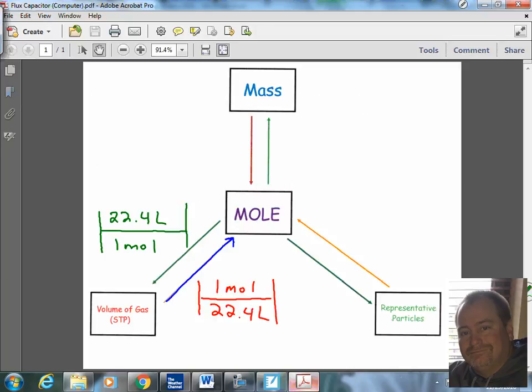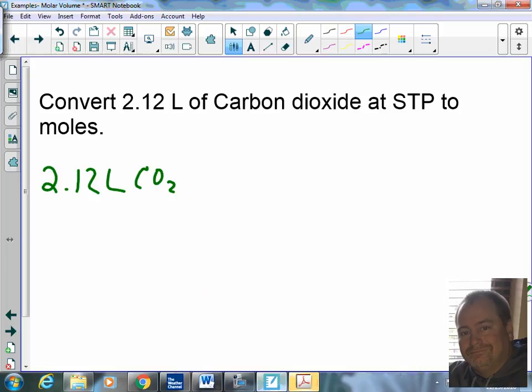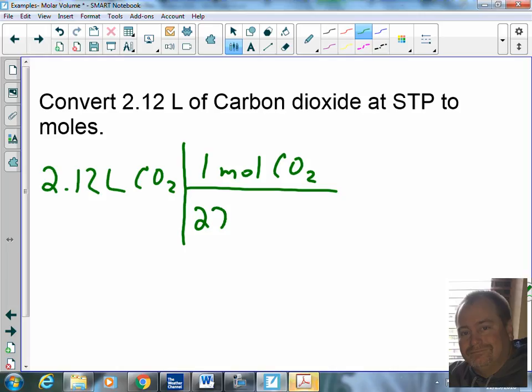I'm at the volume of the gas. I need to get to moles. So as I follow that blue line now up, I'm going to have a conversion box of 1 mole carbon dioxide equal to 22.4 liters of carbon dioxide.